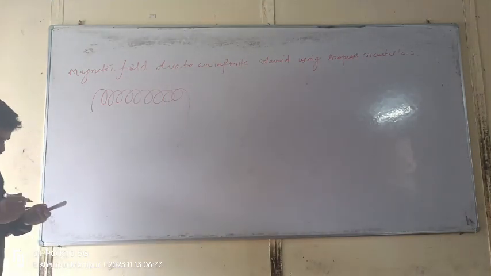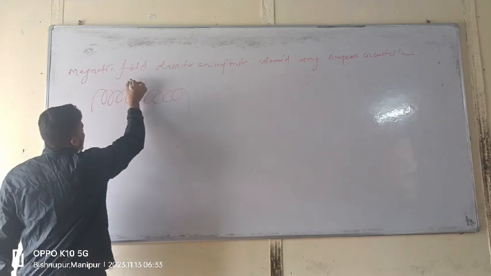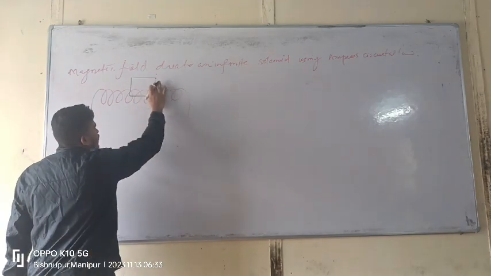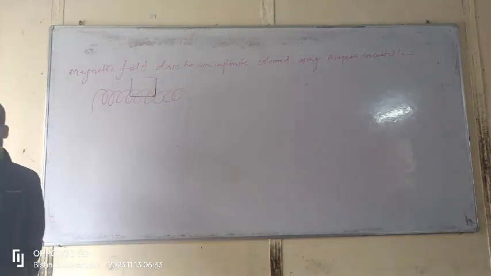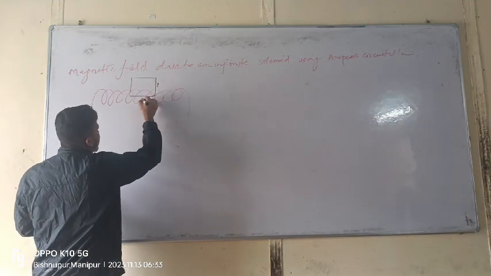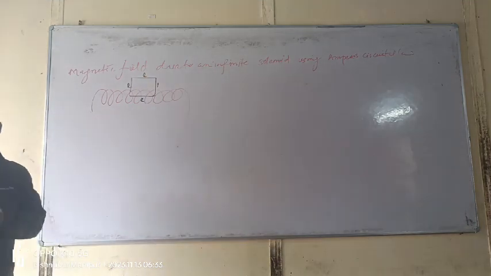Everyone listen. I choose a rectangular section here, or a square section. It will be very easy. It is a square section. The length of this section is L and L. Clear? Why did I choose this?